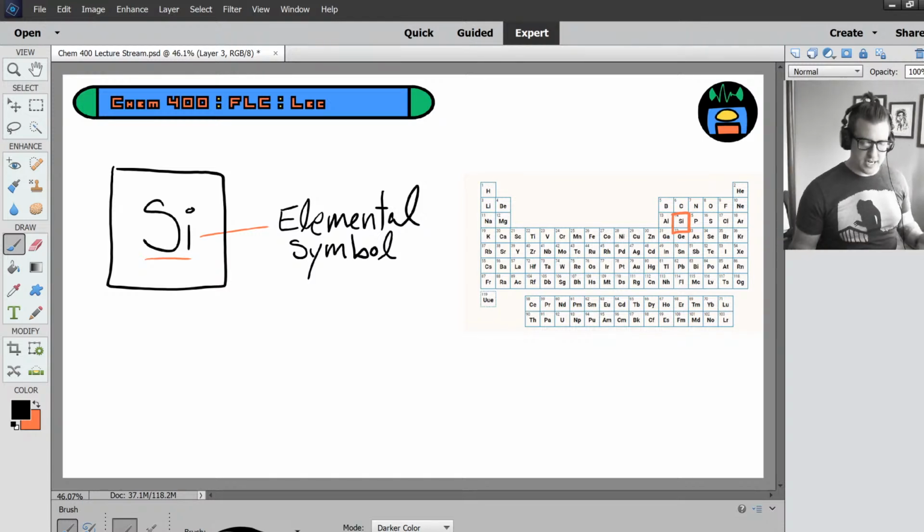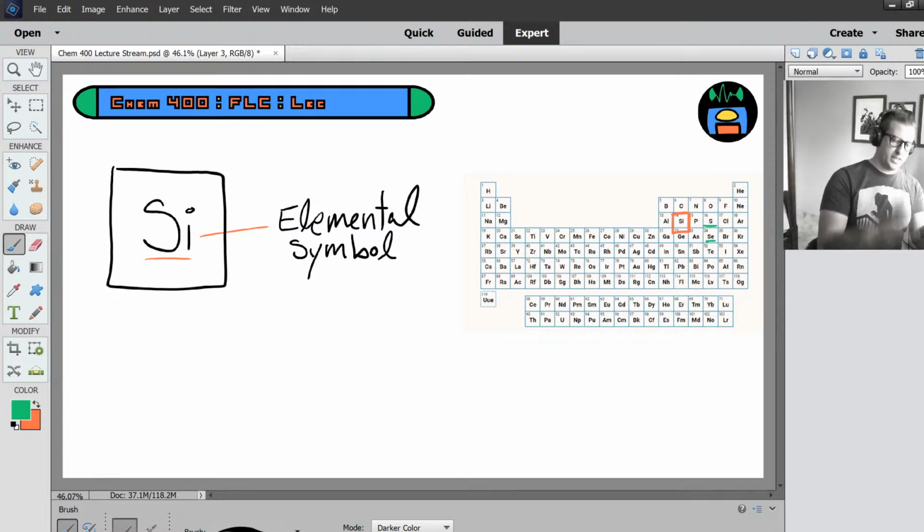This is to differentiate elements that start with the same letter. So, for example, if you compare silicon to sulfur or selenium, all of these start with S. Sulfur got the single S, so silicon and selenium each get an additional letter.